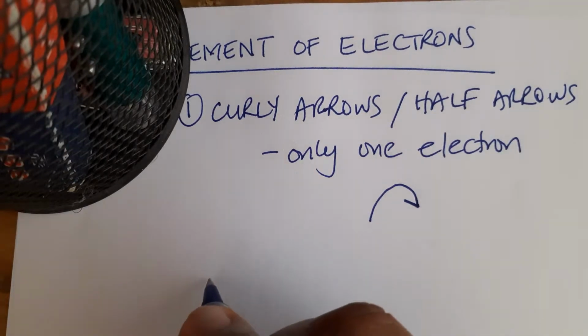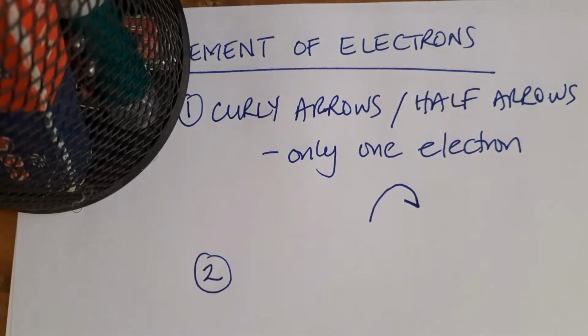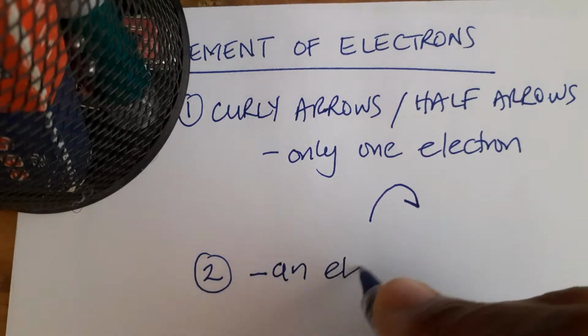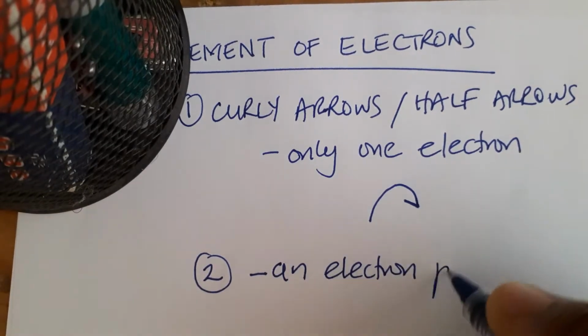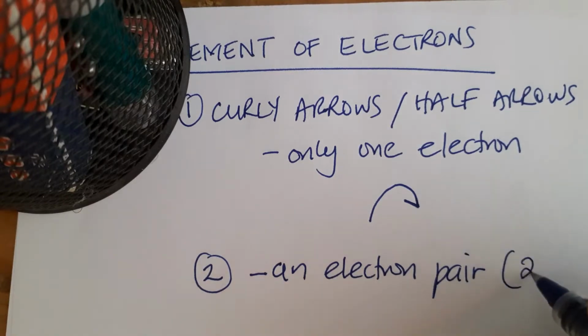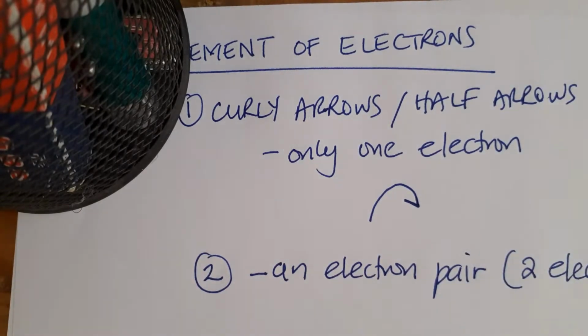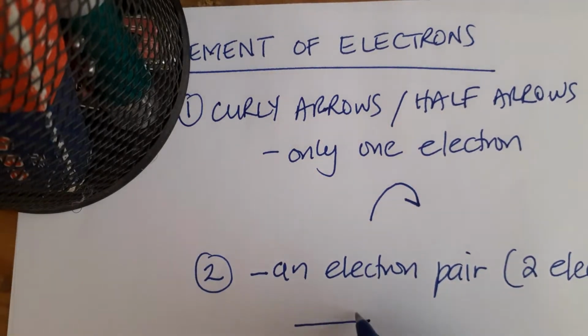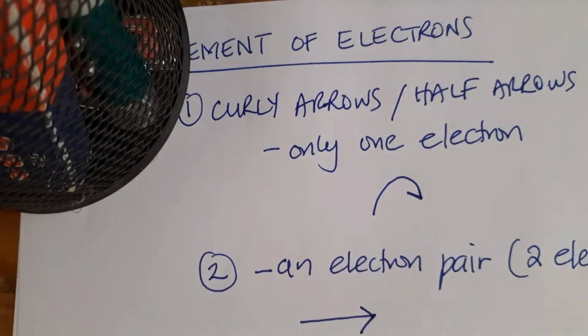The second way we use arrows is just a regular arrow, and this regular arrow shows the movement of an electron pair. Please remember, an electron pair is 2 electrons. So if your electron pair is 2 electrons, we will show it using an arrow like this.